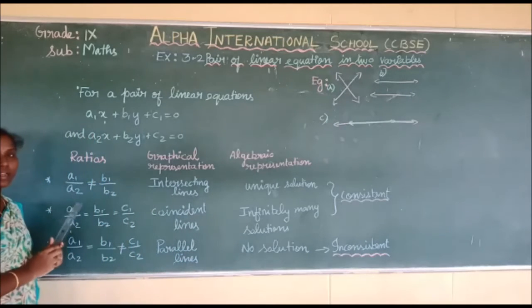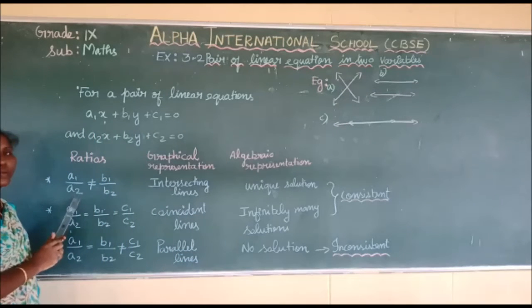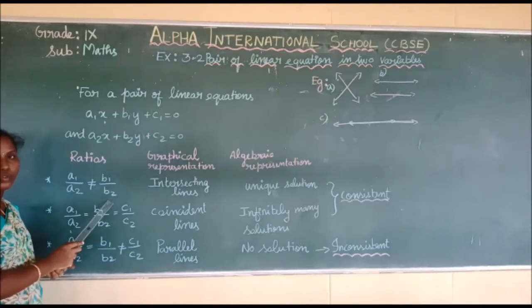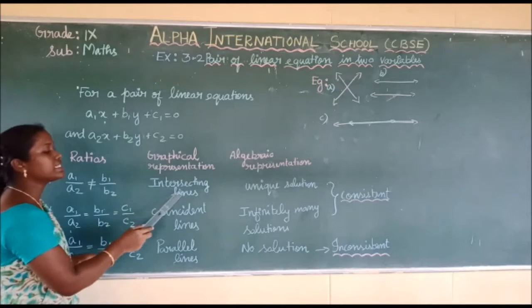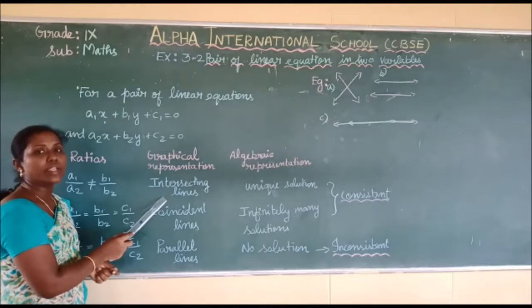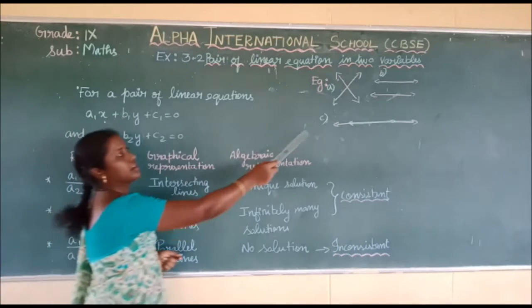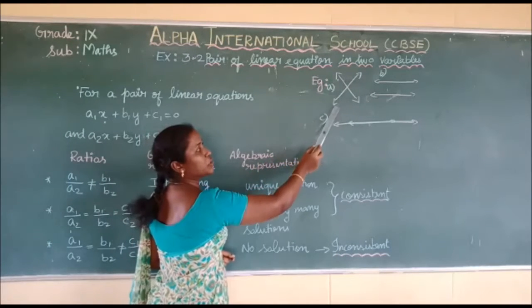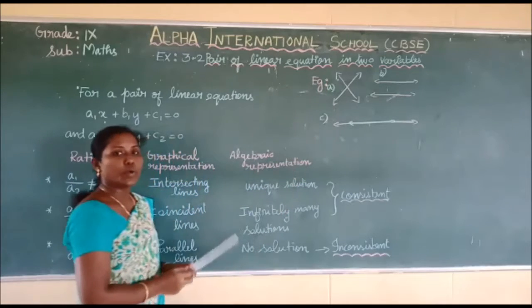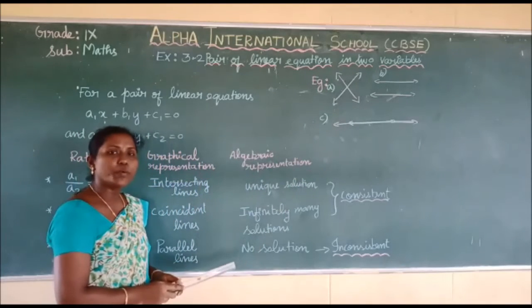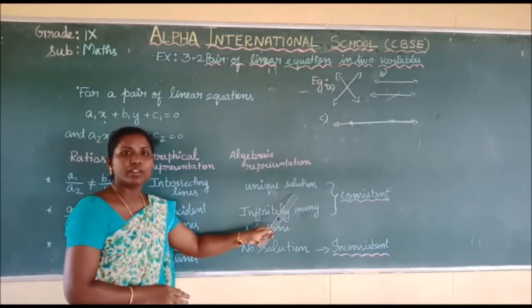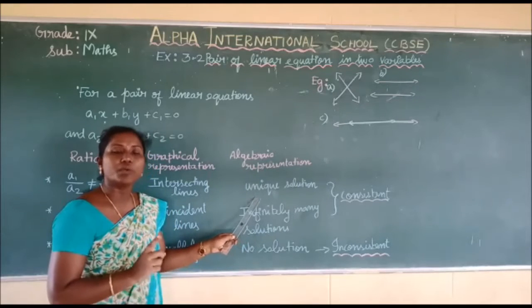So, if you are getting the ratio of the coefficients a1 by a2 not equal to b1 by b2, the graph will have intersecting lines. The graph will have intersecting lines like this. The two lines will intersect at one point. If it intersects at one point, it has a unique solution. We can say it has exactly one solution.